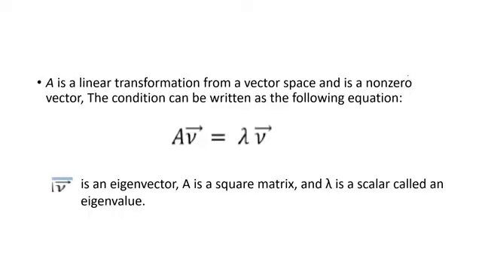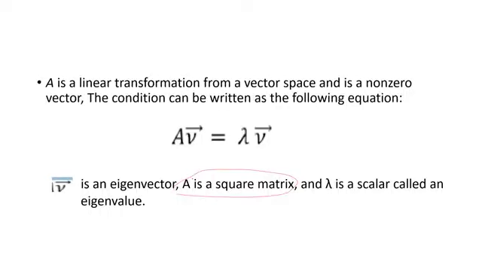So here, I will explain how it works in very simple terms. This is an equation, where A is a square matrix. What is a square matrix? It is where you have an equal number of rows and columns.